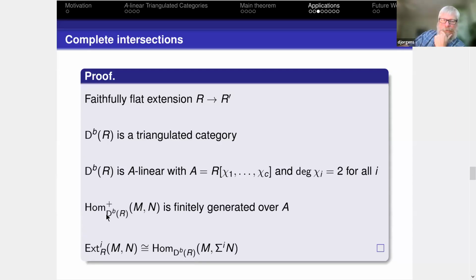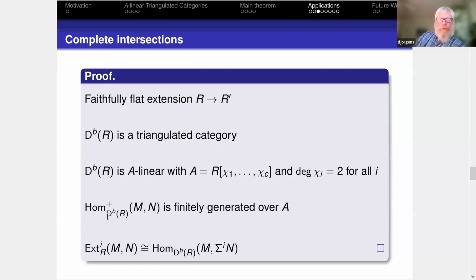And the Hom plus is finitely generated over this ring. In the derived category, you can replace M and N by their free resolutions, but anyway, the Ext here is just the cohomology in the triangulated category. So that's the proof in this case.